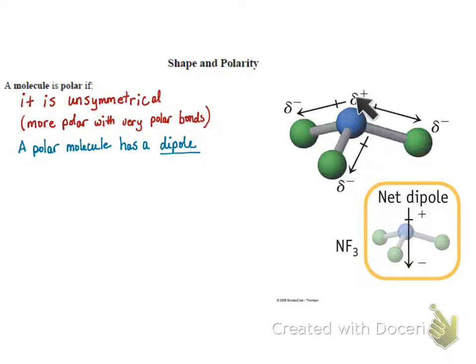It has a lone pair on top, which is not shown, but that makes the shape trigonal pyramidal, which means it is unsymmetrical, and because it has polar bonds, the dipole points towards the green guys. For NF3, the dipole goes in this direction, because the green fluorines are more negative than the nitrogen side of the molecule. So we say that it has a net dipole, or it has a dipole, or it is polar. All those things mean exactly the same thing.